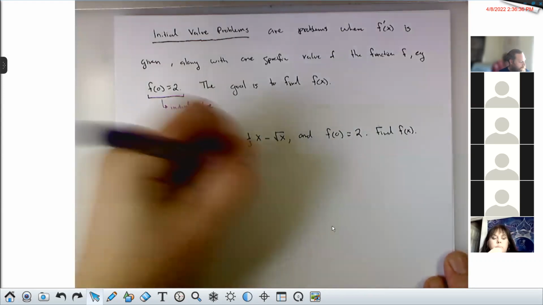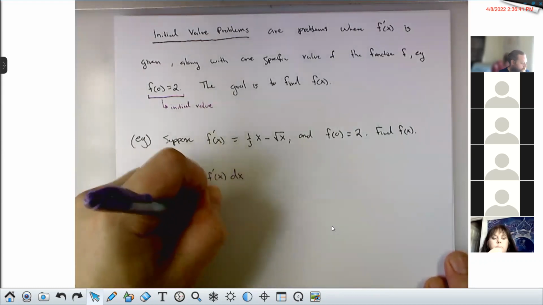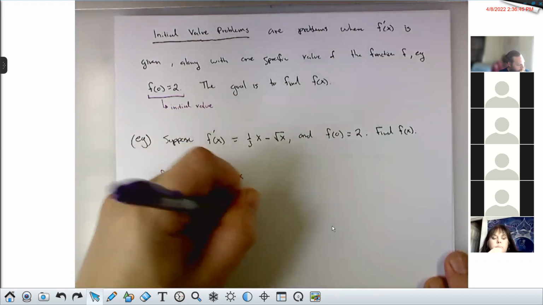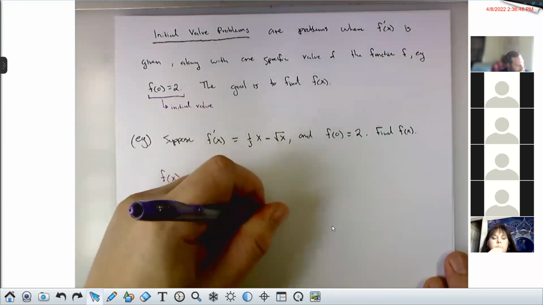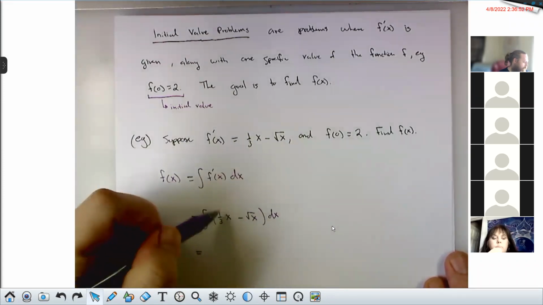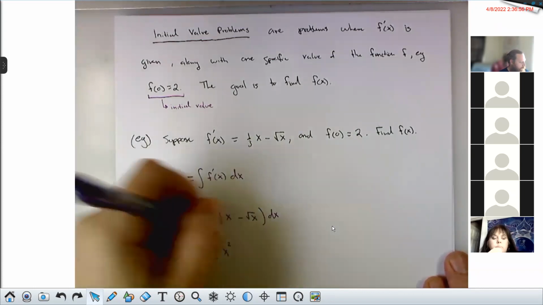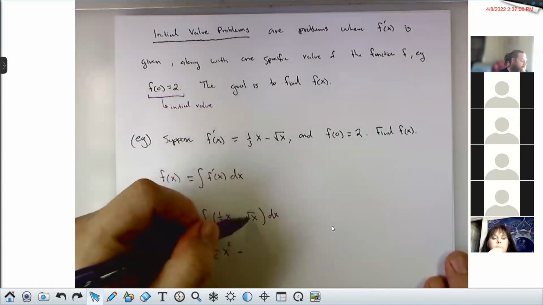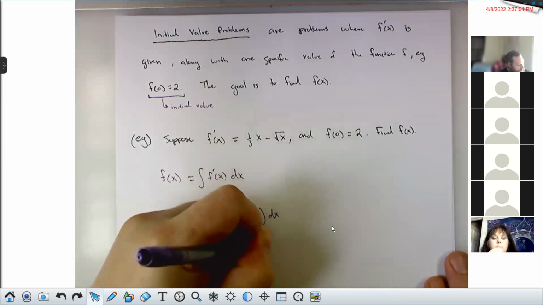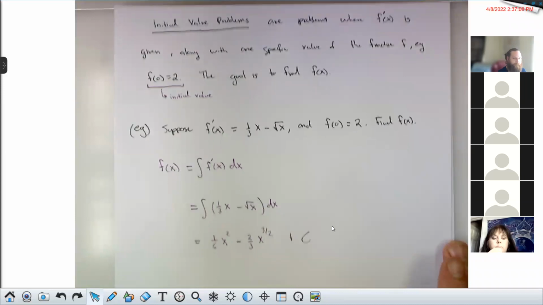Which would be the integral of 1/3 x minus the square root of x. When we integrate x, we're going to get 1/2 x squared. So this is going to be 1/6 x squared minus the integral of x to the 1/2, which is 2/3 x to the 3/2, and then you get a plus c.